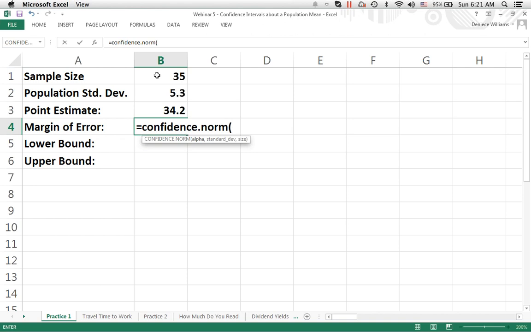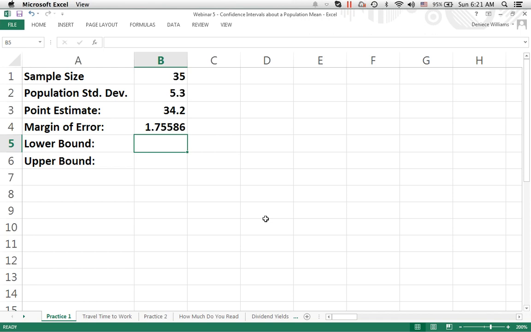Remember that this is a 95% confidence interval, so alpha is equal to 0.05. I have a standard deviation of 5.3. I'm just going to click on the empty cell, and a size of 35, close parentheses. Now this gives me a margin of error of 1.76.